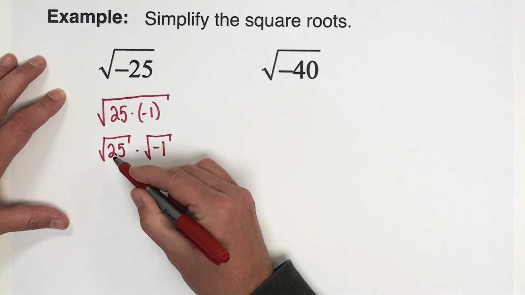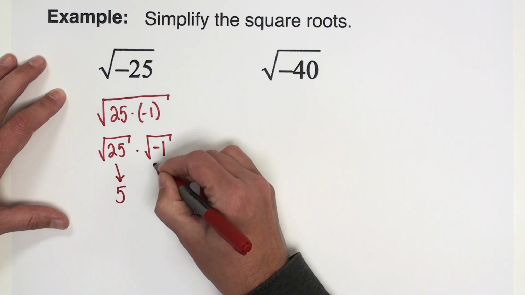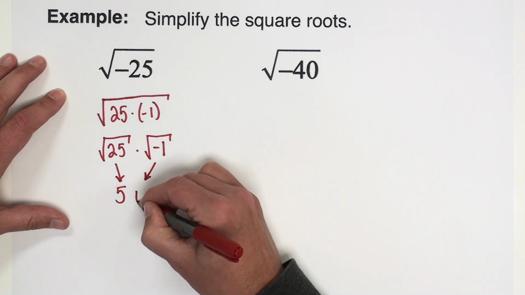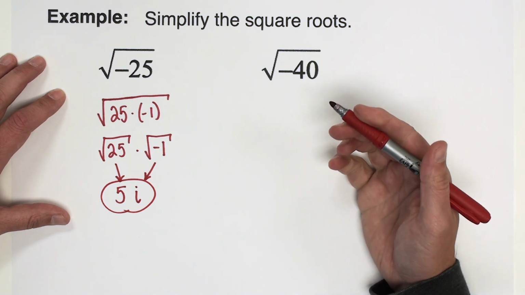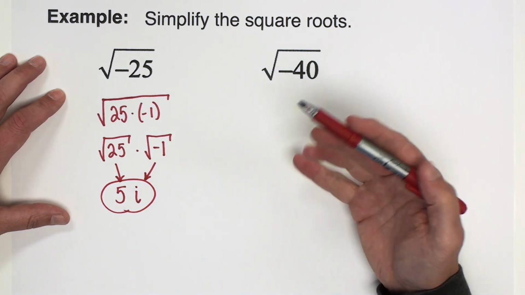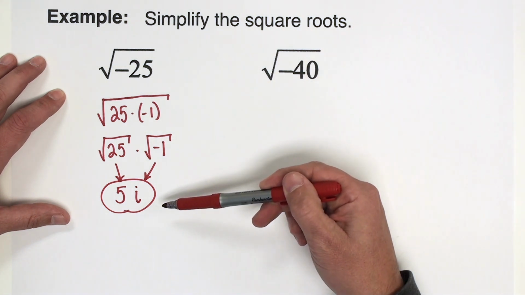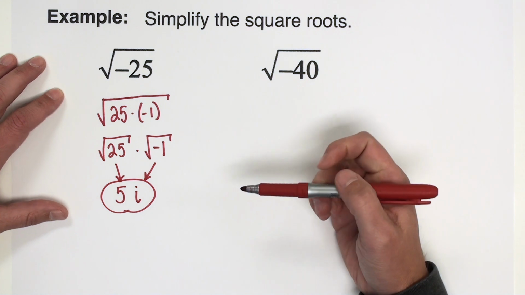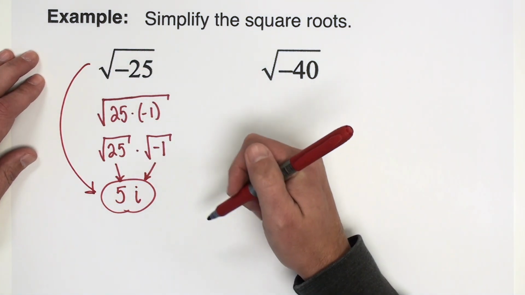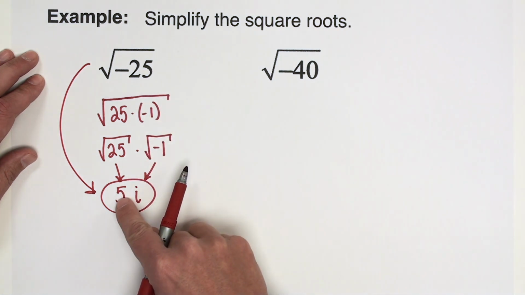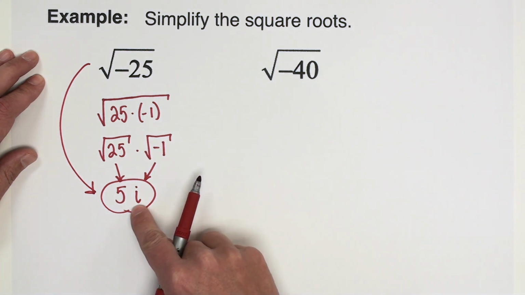Okay, so the square root of 25 becomes 5, and the square root of -1 becomes i, and we get the number 5i. Now, in practice, do I typically write this step and then this step before I get to the answer? Probably not. Once we do enough of these problems, you're going to be able to quickly go from this line all the way to that one, because we know 25 is a perfect square, that is 5, and because it's negative, it's just going to be the imaginary number 5i.